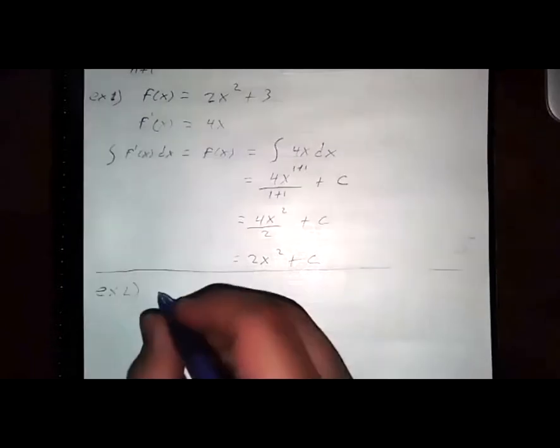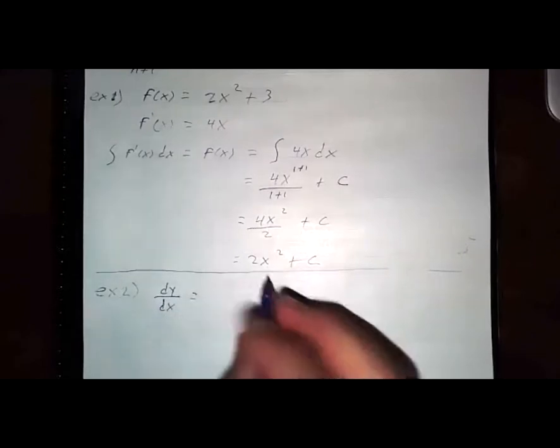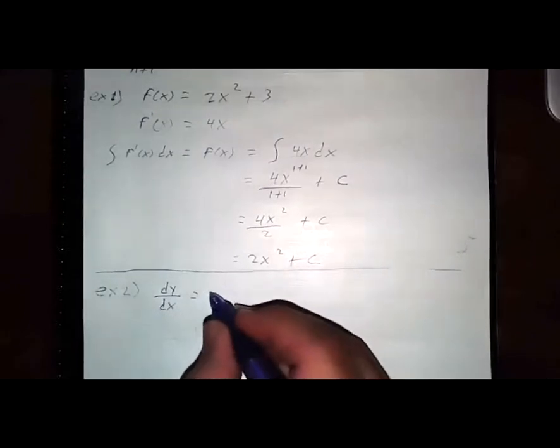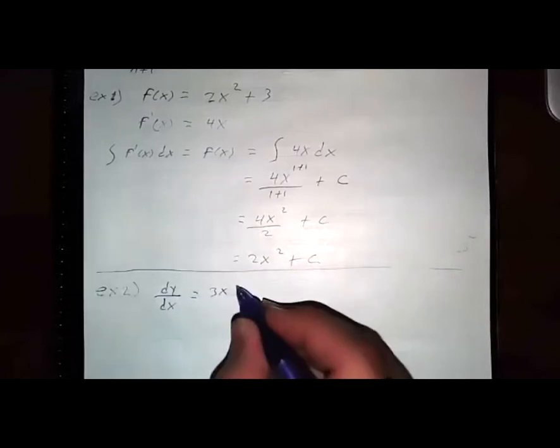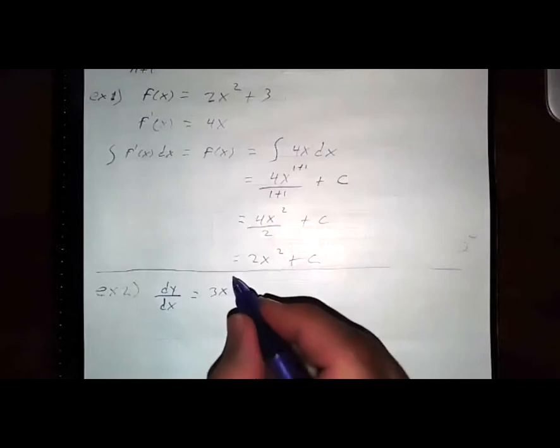Okay, so they're giving us the derivative of y with respect to x, which is equal to 3x to the 2/7.